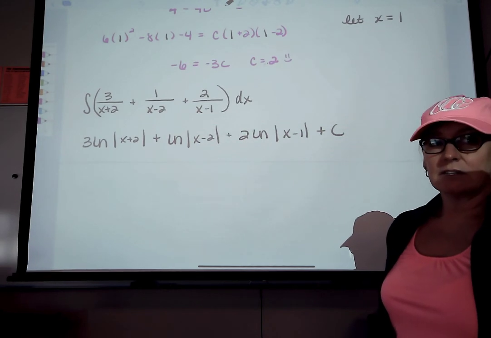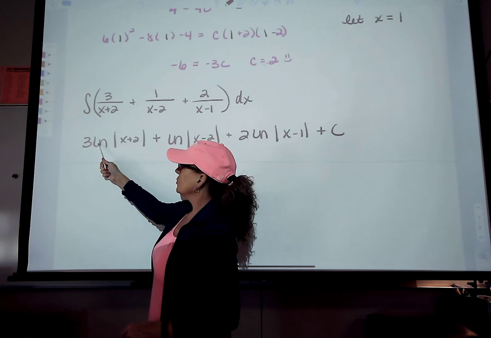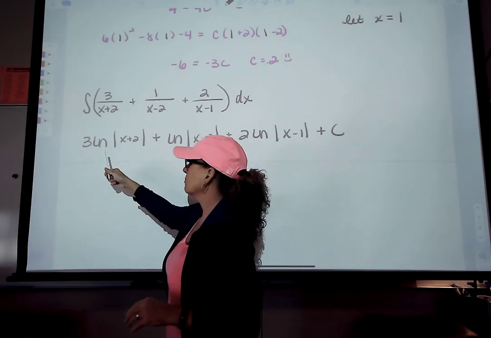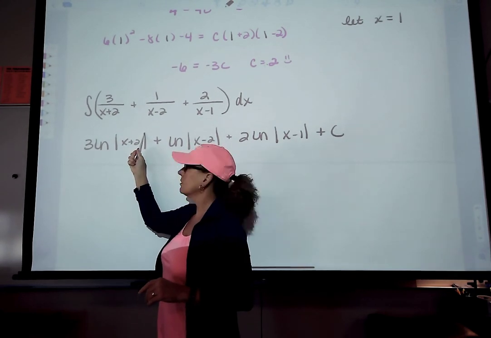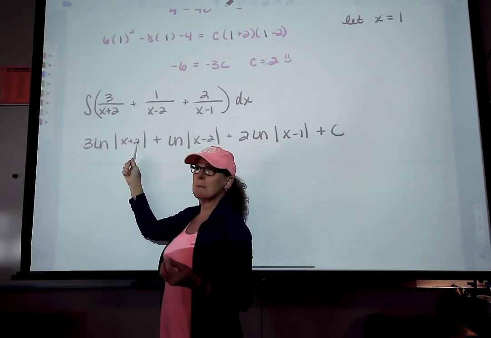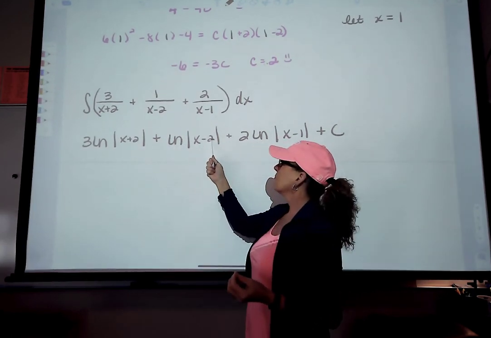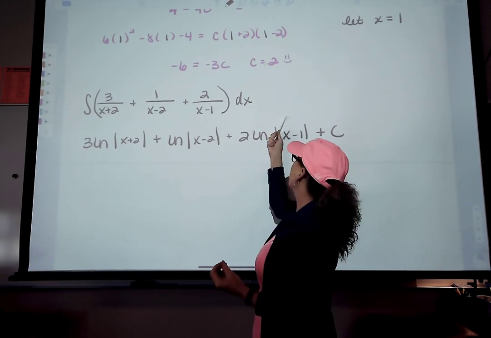You can even condense them. You can ln this. Okay, hang on. Before you condense them, this would have to go on top as an exponent. So you'd have this binomial cubed times this one times this binomial, and this would have to be an exponent.